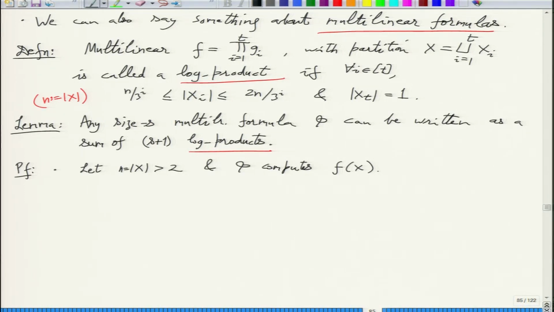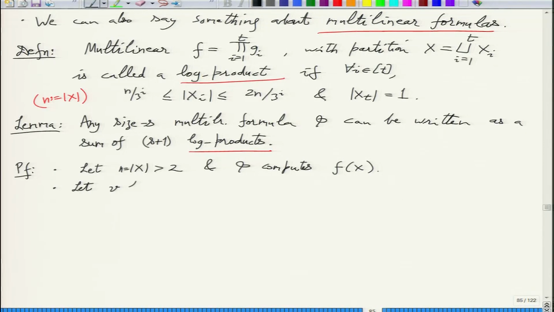Right, the case of n being 2 or less you can see as a trivial base case. Otherwise, when n is 3 or larger, then we'll induct on the size, I would say, on S.